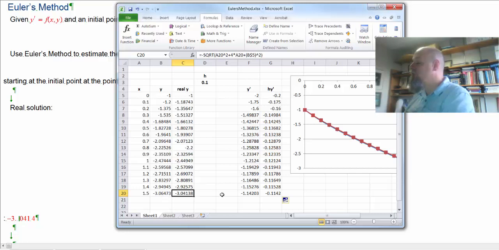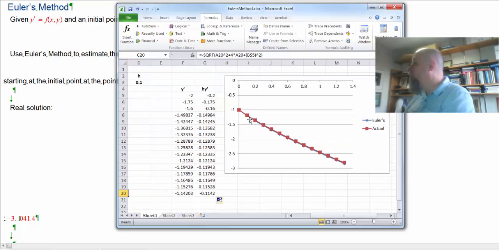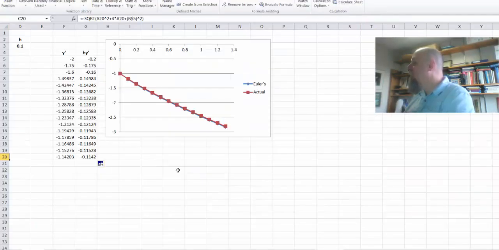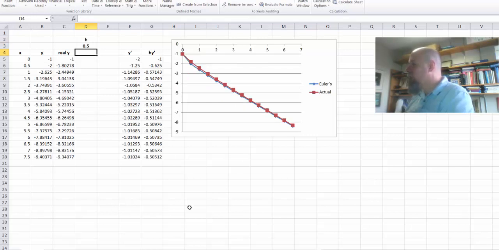Right now I'm in the third decimal place. If I take a look at the picture that I'm making, there's Euler's answer and there's the actual answer. The points lie pretty well on the actual curve. Let's go back to that 0.5. Now I can see some separation of them. And I'm taking steps of a half, so I get all the way up to 7.5.